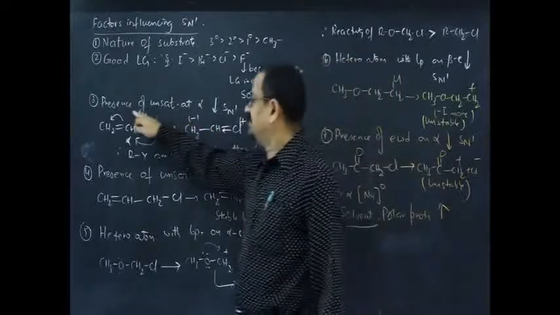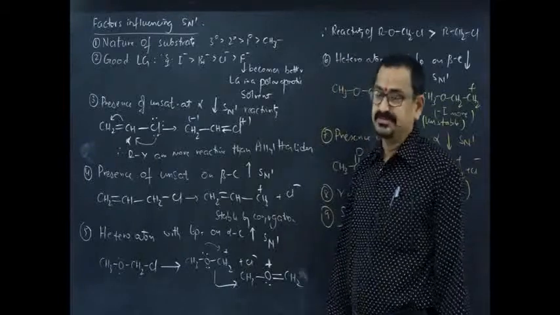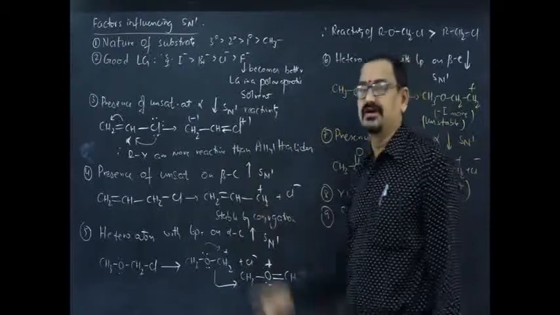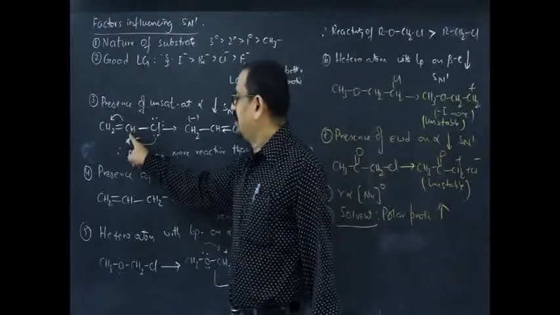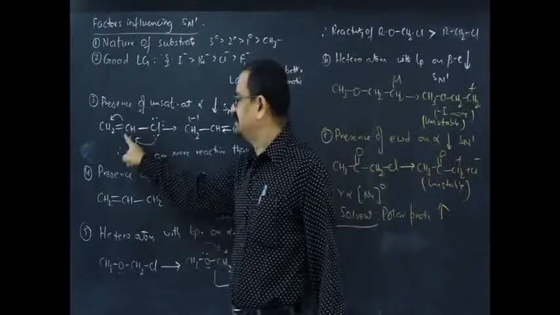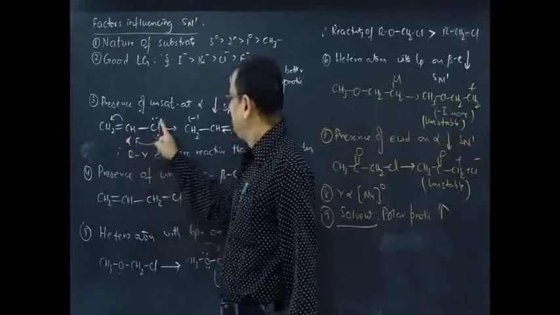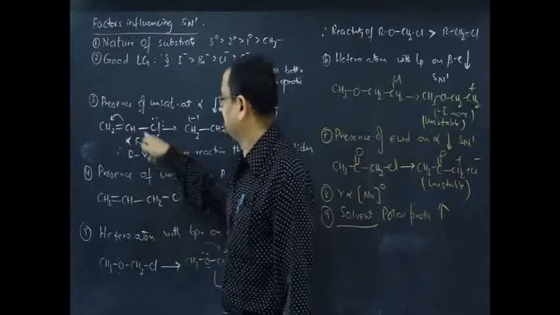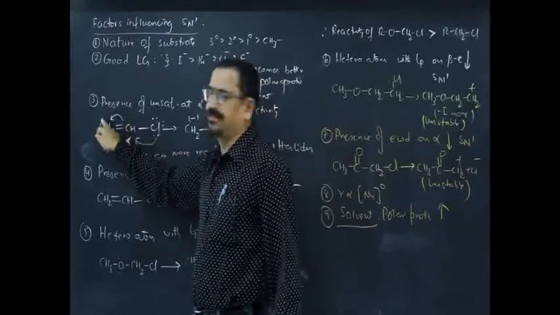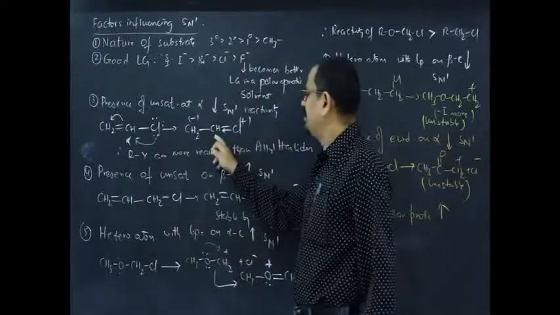The third factor is presence of unsaturation at alpha carbon. Presence of unsaturation at alpha carbon decreases SN1 reactivity. The carbon to which the functional group is connected is the alpha carbon. At the alpha carbon, unsaturation is there. If this is subjected to nucleophilic substitution, see what is happening: due to the polarity of this pi bond, a partial double bond is formed between chlorine and this carbon.